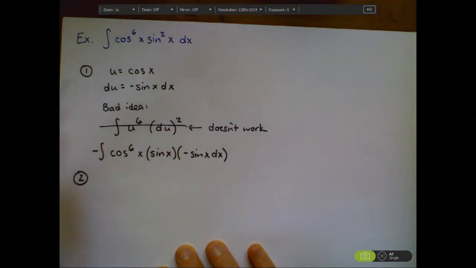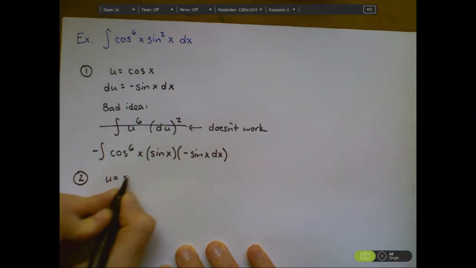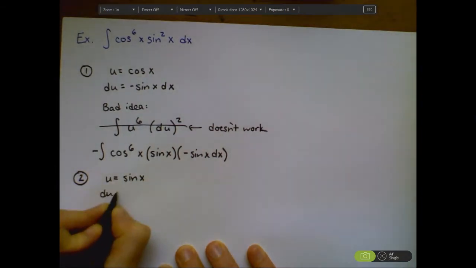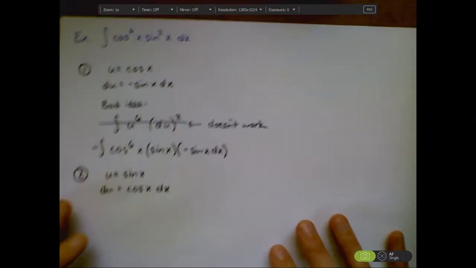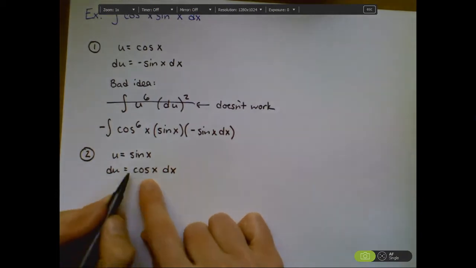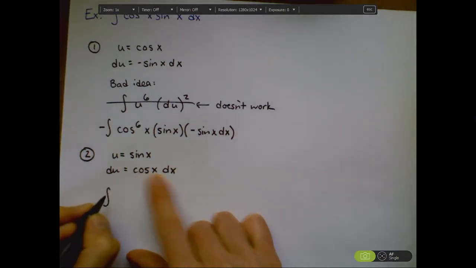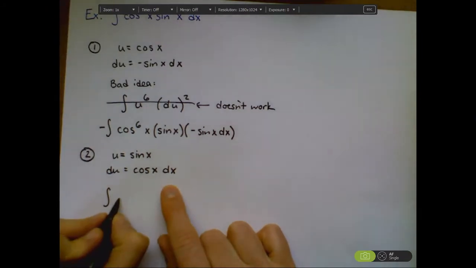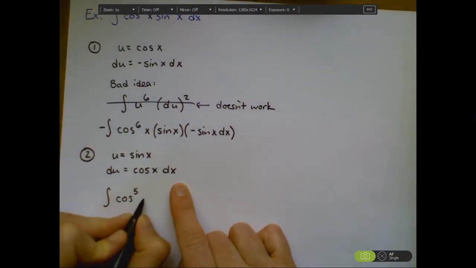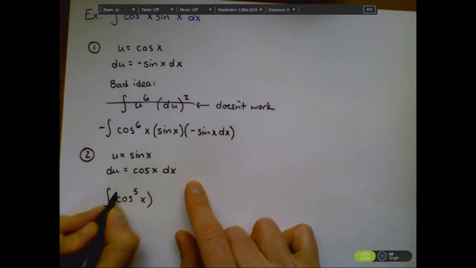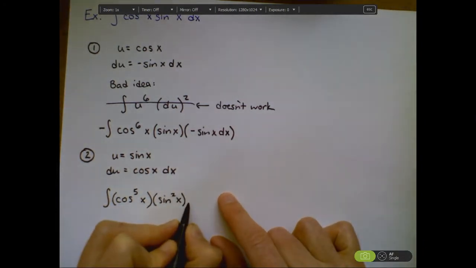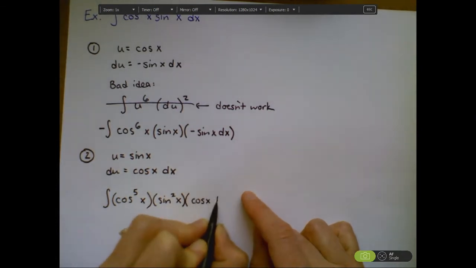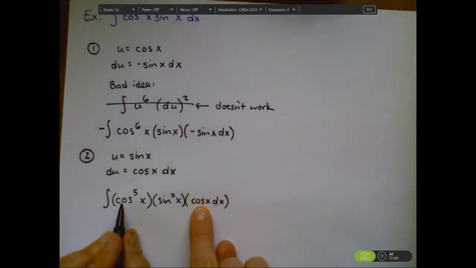Let's try another method and flip-flop them. Let's let u equal sine x and du equal cosine x dx. And we see that we run into a similar problem. I'm going to pull out just one of the cosines so that I can get my du. So then I'm left with cosine to the 5th x times sine squared x times cosine x dx, because together the cosine to the 5th and the cosine would make the cosine to the 6th.